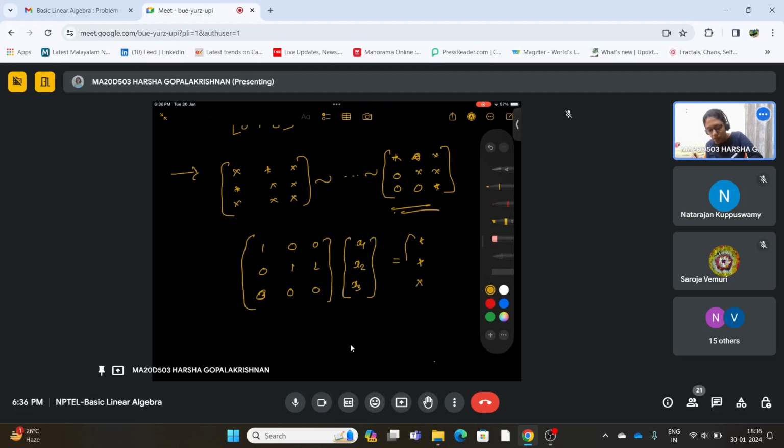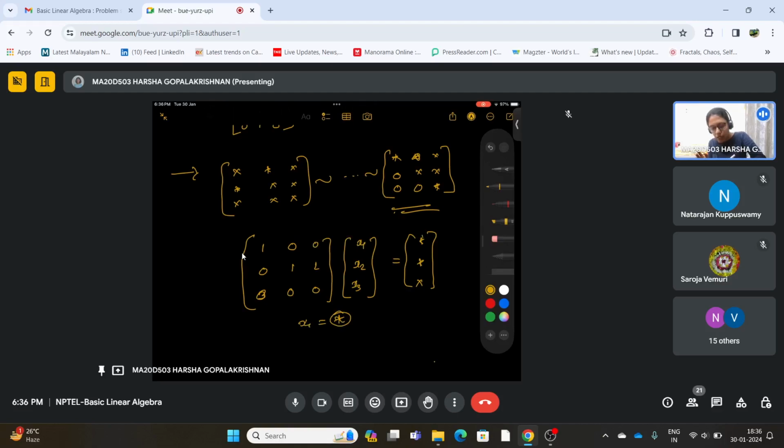From a very complicated matrix where all the entries are non-zero, we have reached something like this. From this it is very easy to solve, because easily we get x1 equal to the value on the right.